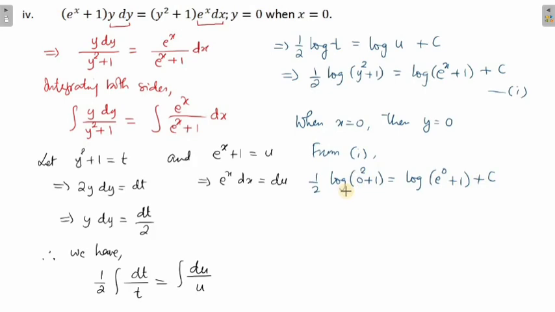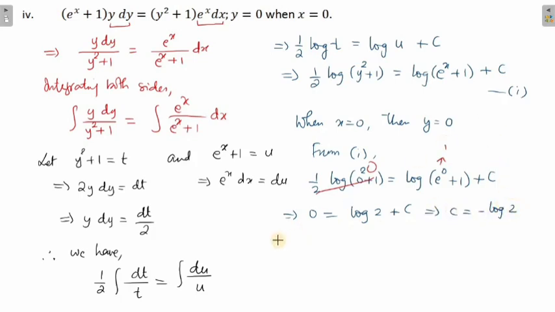We have 0 square plus 1 is 1, so this is log 1, which is 0. And e to the power 0 is 1. So you get 0 equals log 2 plus c, so the value of c is minus log 2.